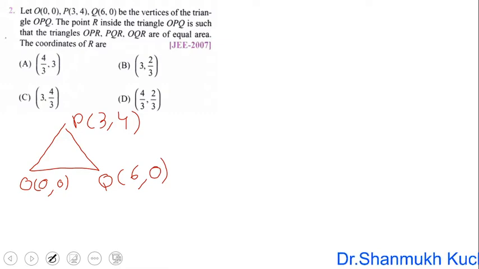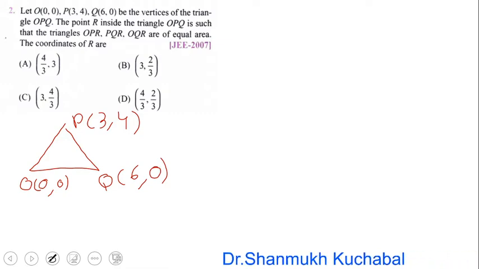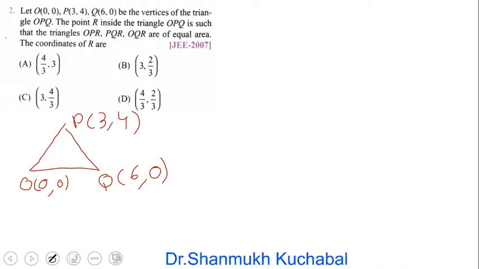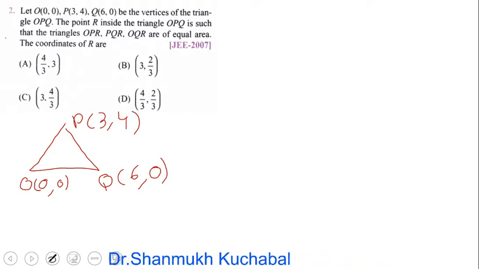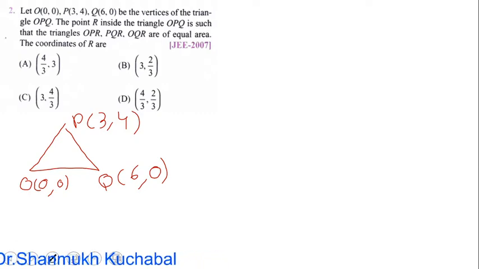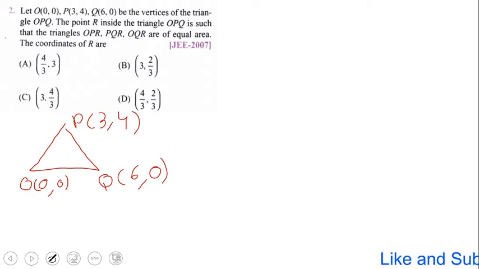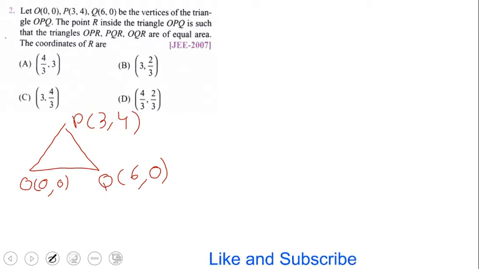The question is, let O, P and Q be the vertices of a triangle OPQ. The point R inside the triangle OPQ is such that the triangles OPR, PQR and OQR are of equal area. We have to calculate the coordinates of R here.